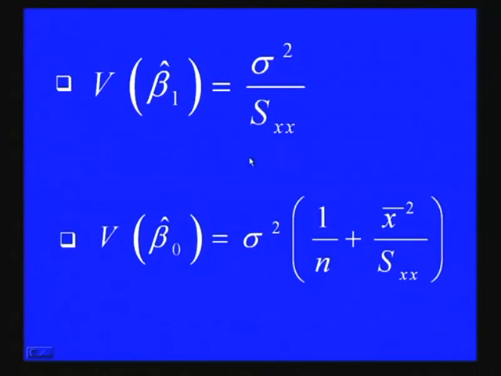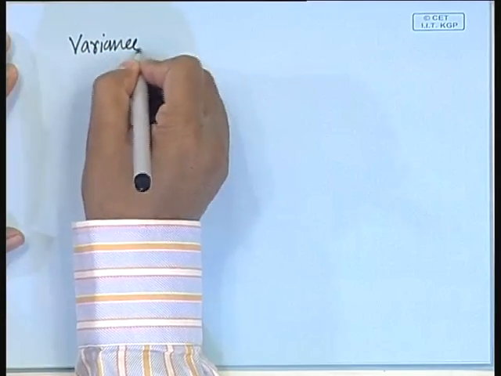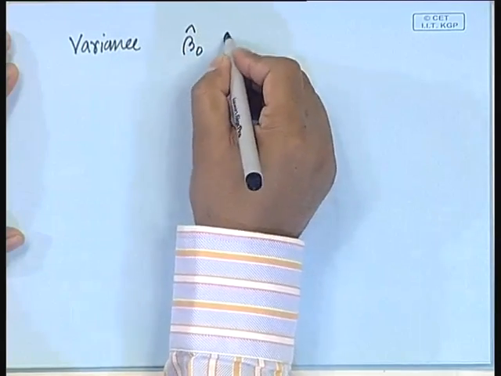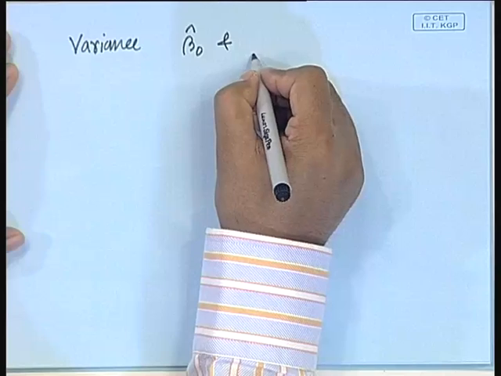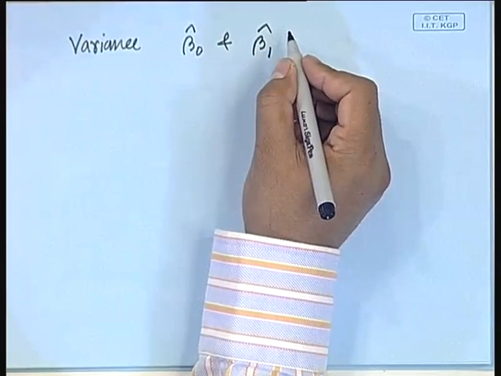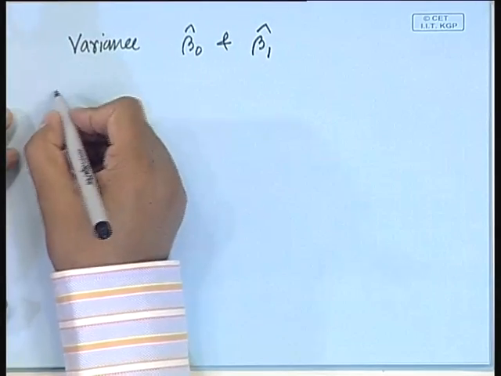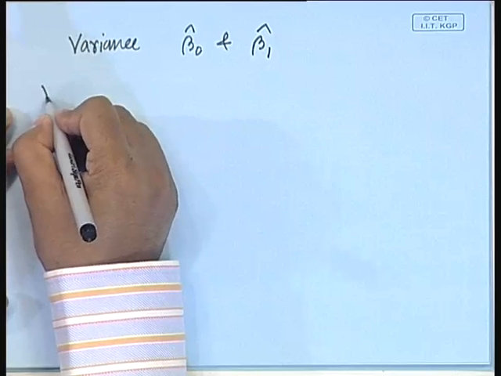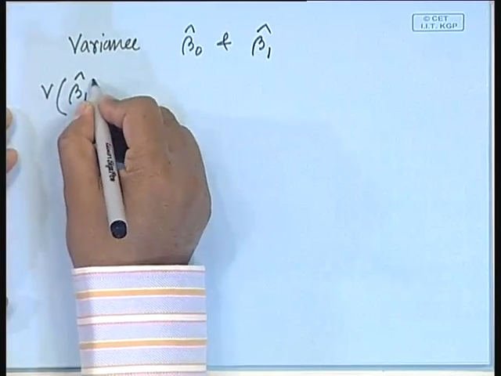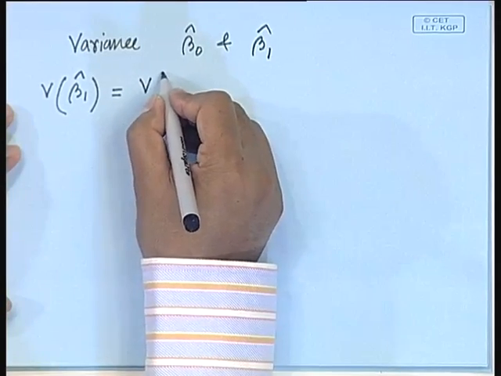So next we talk about the variance of beta naught hat and beta 1 hat. Okay, so the variance of beta 1 hat is equal to the variance of, what is beta 1 hat?